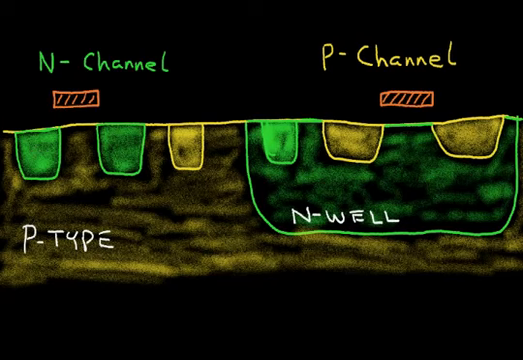For example, this has an N-type source, an N-type drain, and a P plus here to make a low resistance contact to the N well. Now recall that whenever we have an N-type material that is adjacent to a P-type material, we have a silicon diode, we have a PN junction.